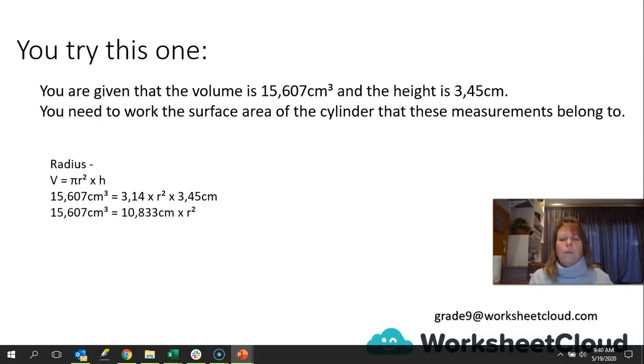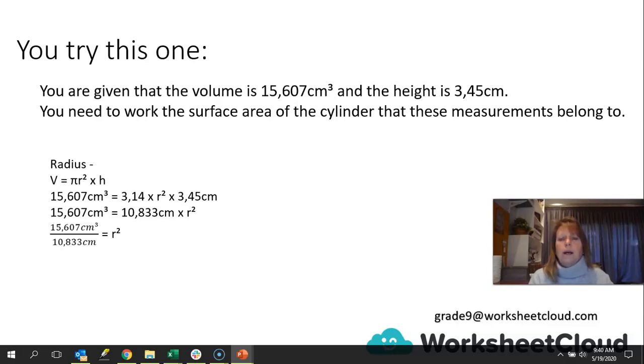So what do we do? We go 15,607 centimeters cubed on the one side, because that's the volume. We then say 3,14, which is pi, times the height, which is 3,45, and we get 10,833 centimeters, and that is going to give us the radius squared. So we will divide both sides by 10,833.